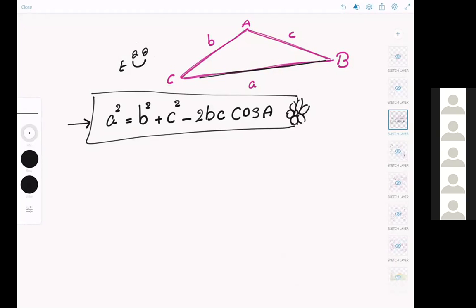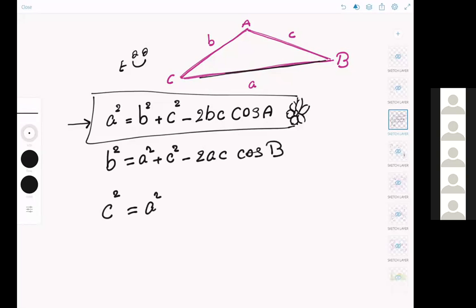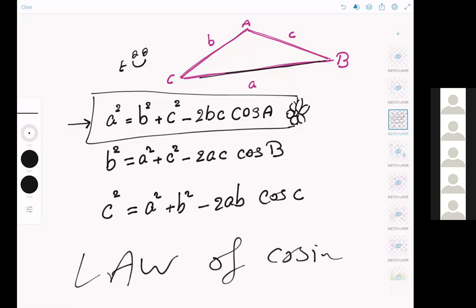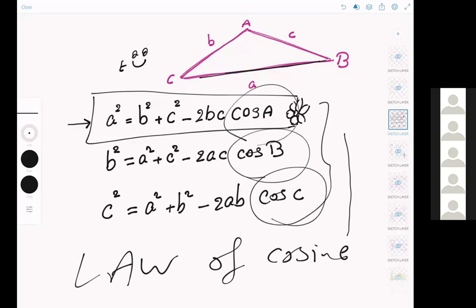And I can write the same thing for b squared: b squared equal to a squared plus c squared minus 2ac cosine of B. Also, c squared equal to a squared plus b squared minus 2ab cosine of C. So this is law of cosine. Why? Because you see cosine in the formula.